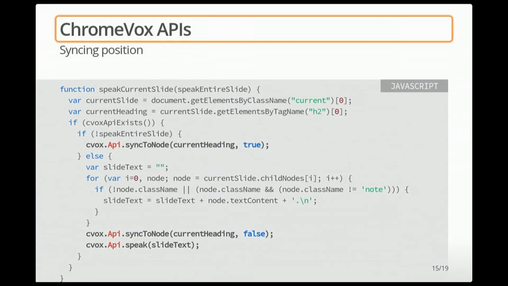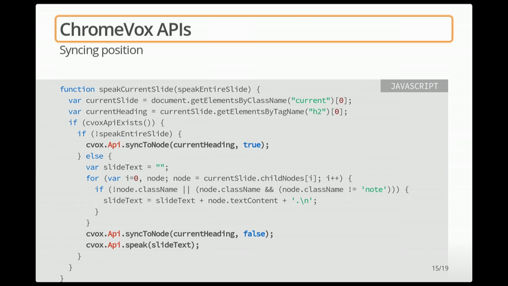Notes hidden. ChromeVox API. Now, another thing that's useful is if you're navigating through your application and a user wants to suddenly investigate more or try navigating from a certain point, it's useful to synchronize the user's position with where they actually are. And ChromeVox makes this really simple.